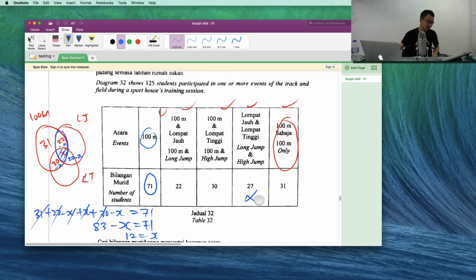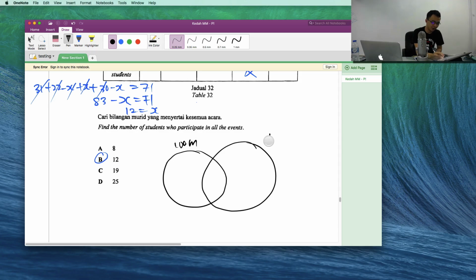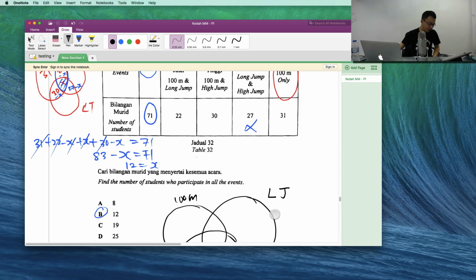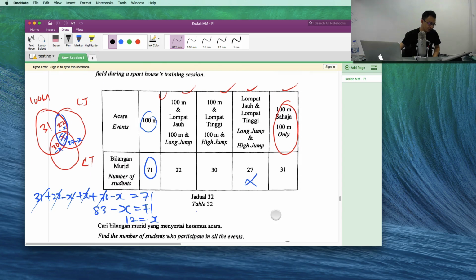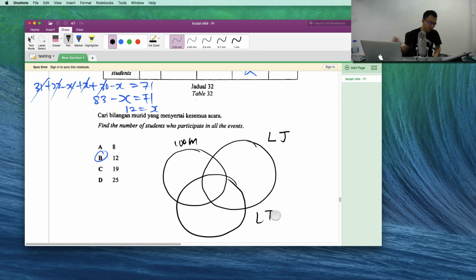Okay, let me just explain again using the larger space here. Let's say this is 100 meter, this is lompat jauh, and this is lompat tinggi. If we say lompat jauh and 100 meter, we have 22. So the 22 basically represents the whole area here, correct or not?